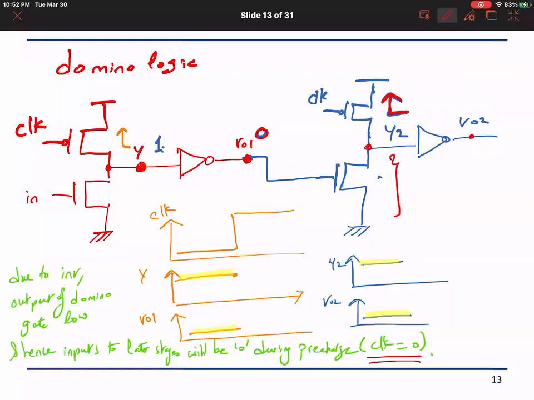So this is one property of the domino logic, and it guarantees that we turn off these NMOS devices.